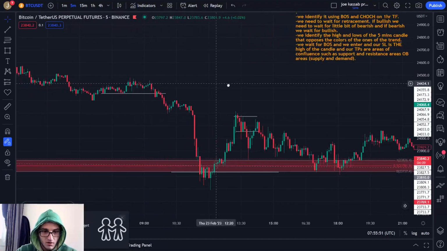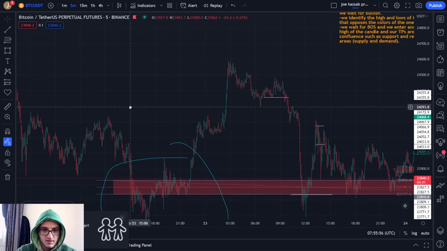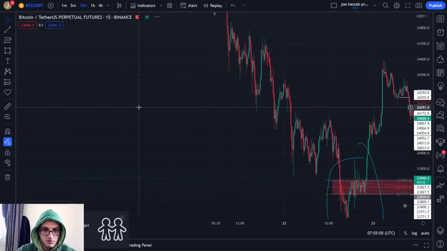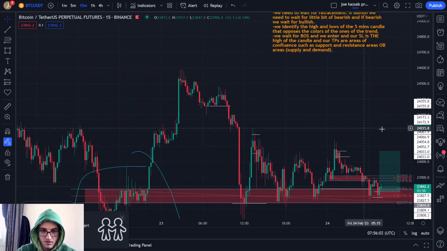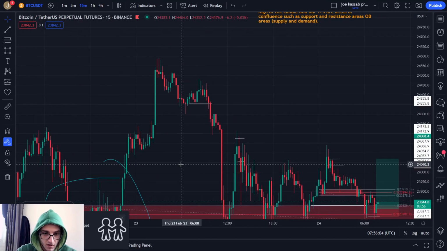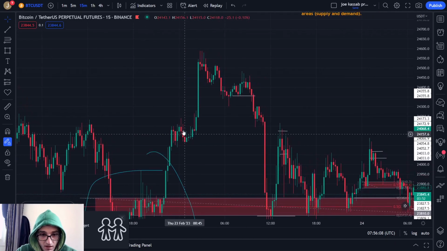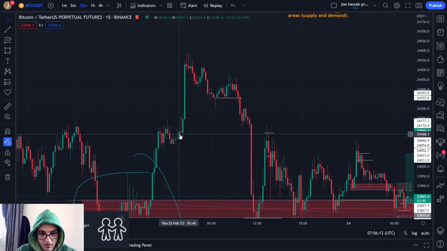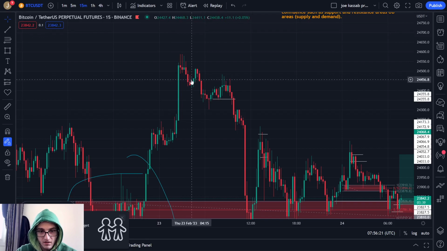So you know on 4 hours is bearish, so you go to 15 minutes, you have a retracement here. Okay, so if you can see here, price is going down, so we need a bullish candle to get broken, but all bullish candles did not break.